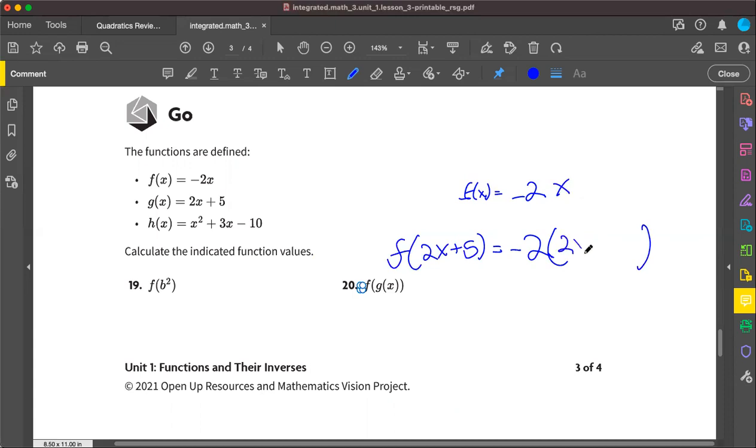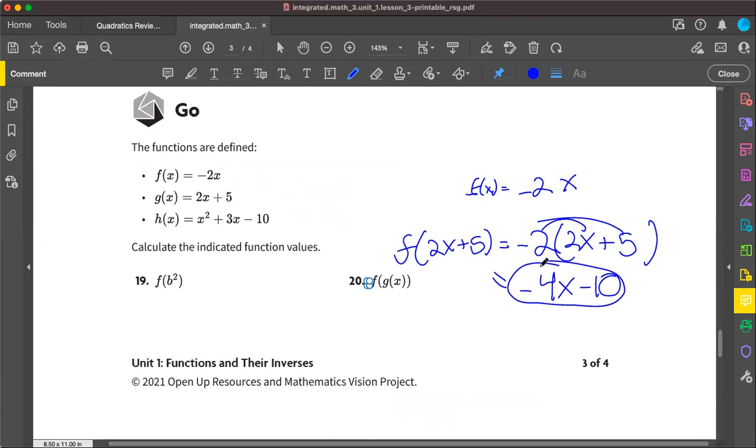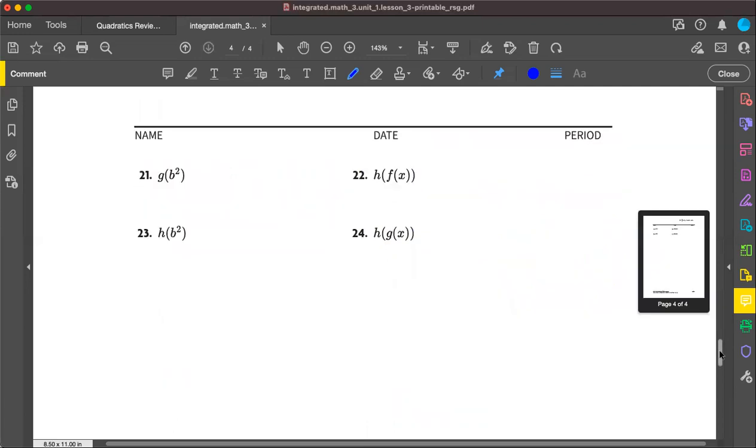So now in parentheses, this should be 2x plus 5. Distribute that out: negative 4x minus 10, and there you go. Not too bad.